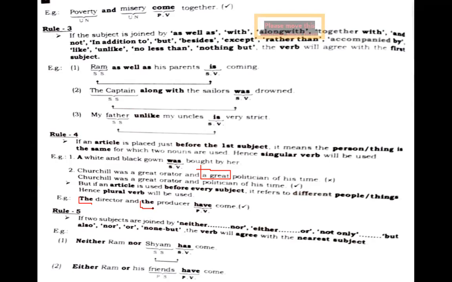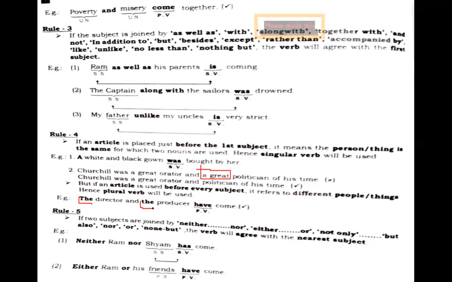If two subjects are joined by neither nor, either or, not only but also, nor or none but, the verb will agree with the nearest subject. Now you see, students, these are called correlative conjunctions. With these conjunctions, the nearest subject takes the verb with it.